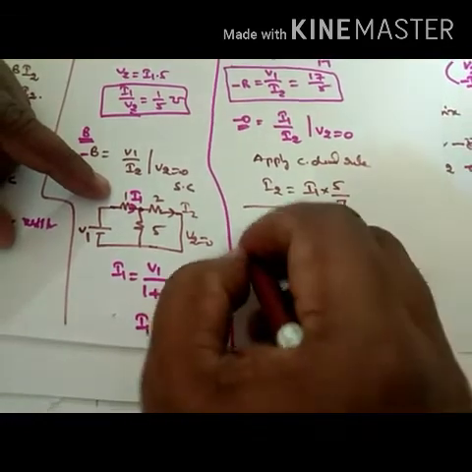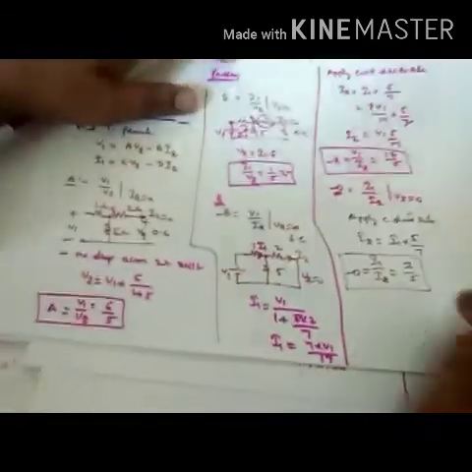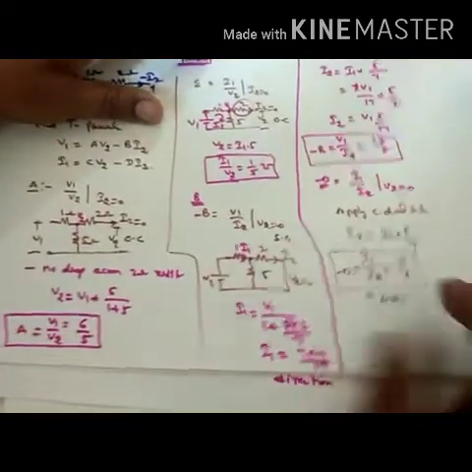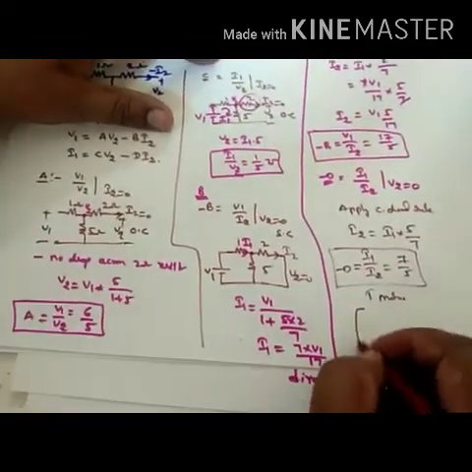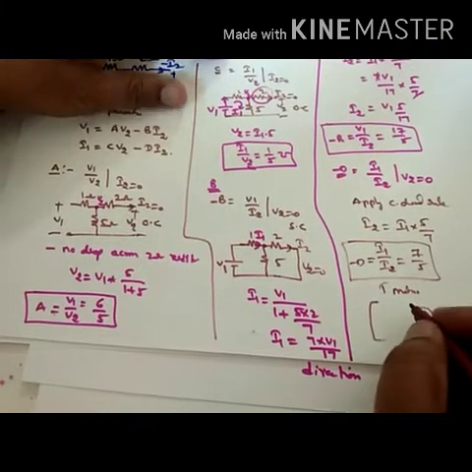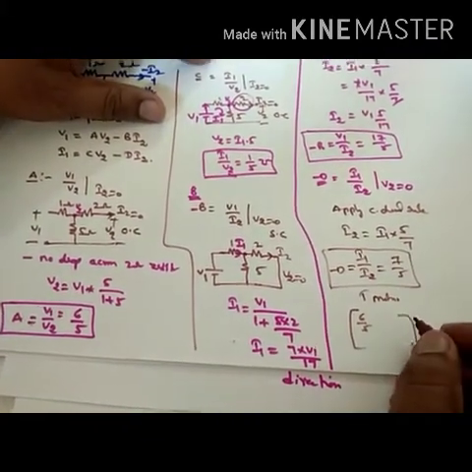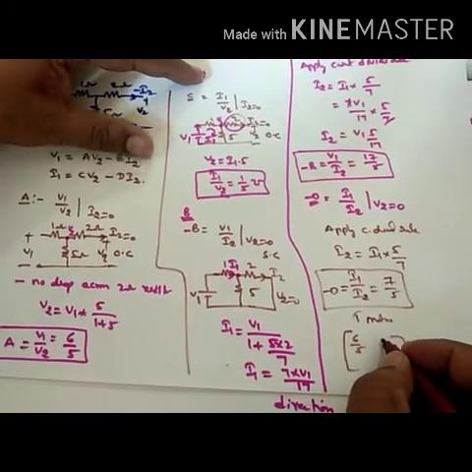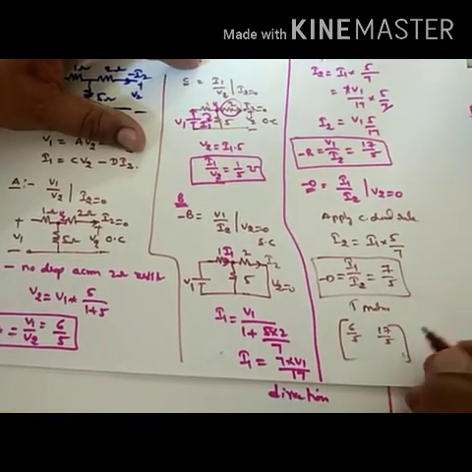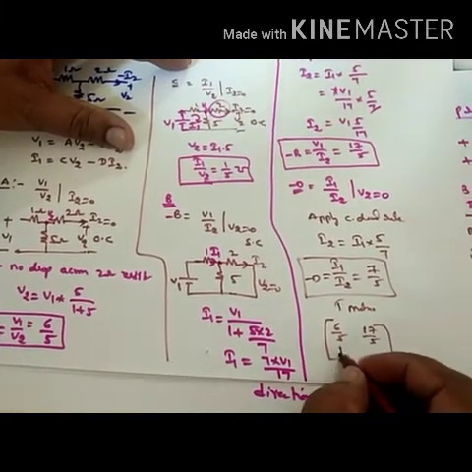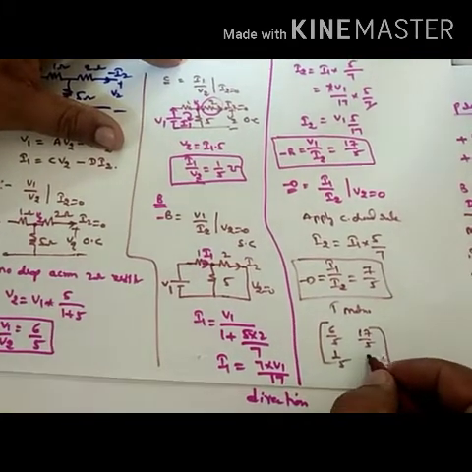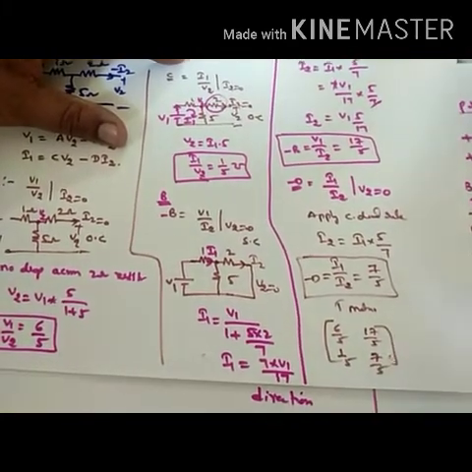Now the overall T matrix: A value is 6 by 5, B value is 17 by 5, C value is 1 by 5, and D value is 7 by 5.